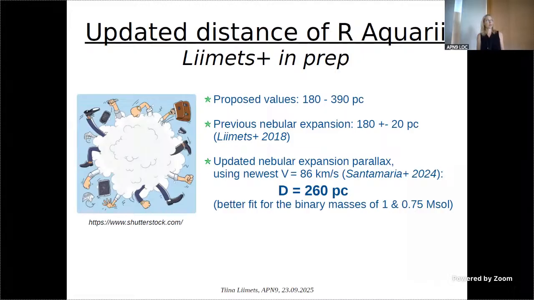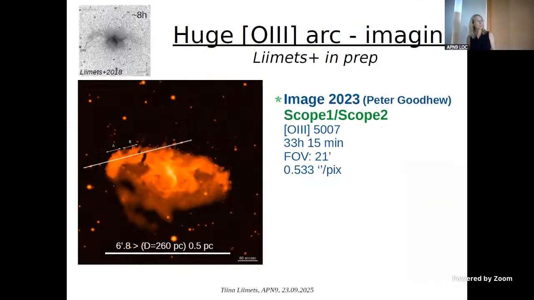It fits also very well with the masses in the binary, for the Mira variable to be 1 solar mass and the white dwarf to be 0.75 solar mass. So the distance is important because I am showing you the analysis of the expansions in the plane of the sky. So in order to put that into physical sizes or to find any ages, we need to define the distance. So this is what we will use.